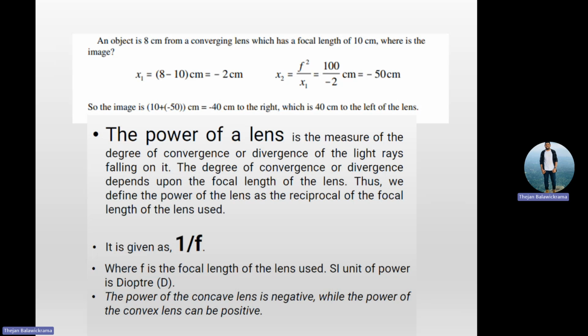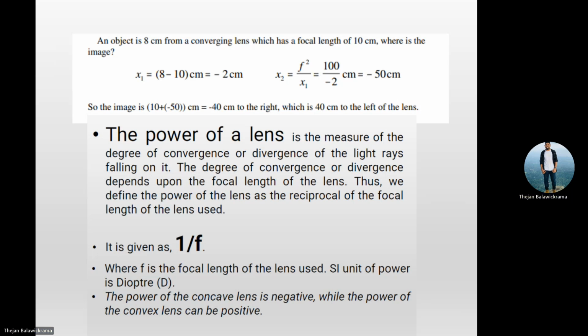So we should know what our Q is. Sorry, x2 is equal to Q minus f.